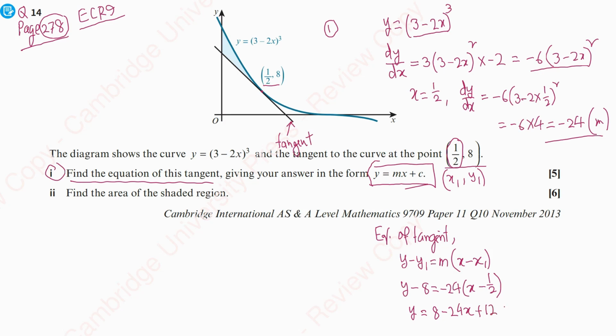So our final equation is y = -24x + 20. This is our equation, y = mx + c. The first part of the answer is y = -24x + 20.